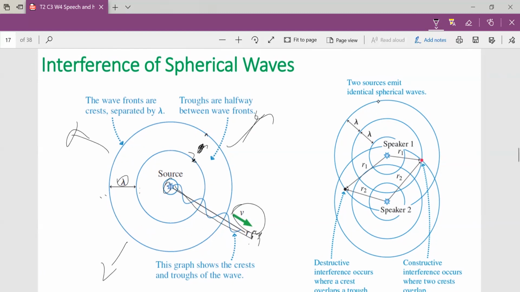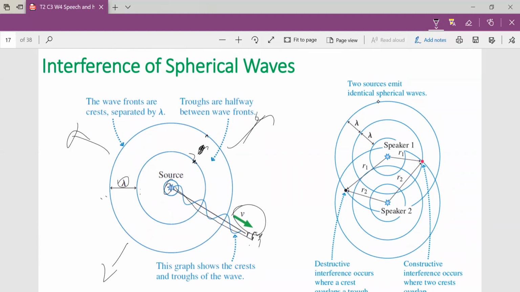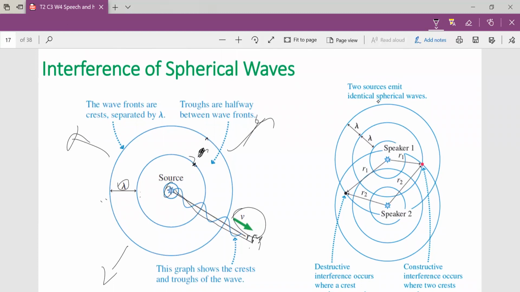So this is a source. When you have two sources like the two speakers you have there, they both generate the spherical wave, and you know that waves travel through each other. So this is a typical one showing how these two spherical wave generators will travel through each other. Now what happens, the speaker 2 produces a sound that produces 1 crest, 2, 3, and then we'll have 2 troughs. The second one also produces 1, 2, 3 as well, and they travel through each other.